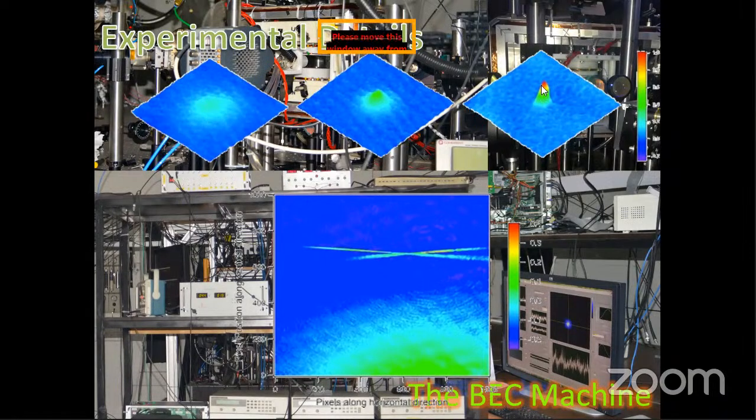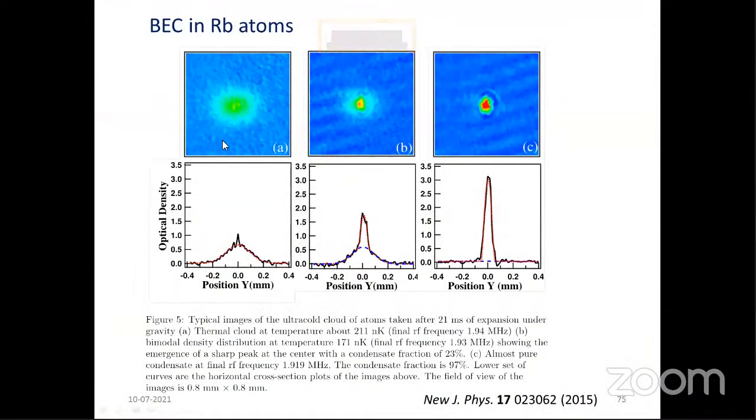And then this is a Bose-Einstein condensate at about 100 nanokelvin. These atoms are cooled in a crossed optical dipole trap, which you load with ultra cold atoms, and we generate a coherent state of matter called the Bose-Einstein condensate. So these are the images of a thermal cloud of atoms, and then this is a BEC.